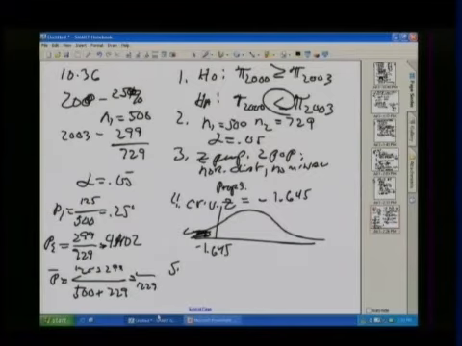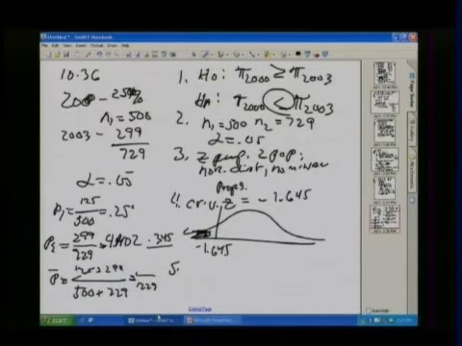And the numerator would be 125 plus 299. And that would give me my P bar value, which is 0.345. That's the value I get for P bar, which is in the middle of 0.25 and 0.4102. So it looks like it's probably pretty reasonable.